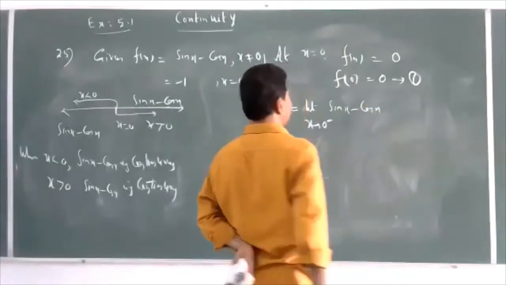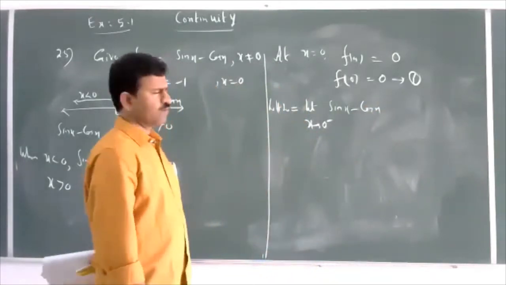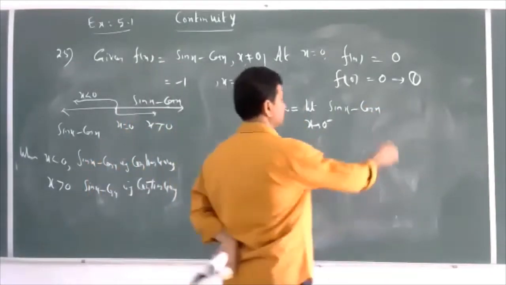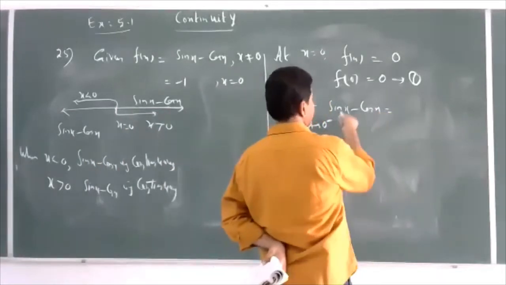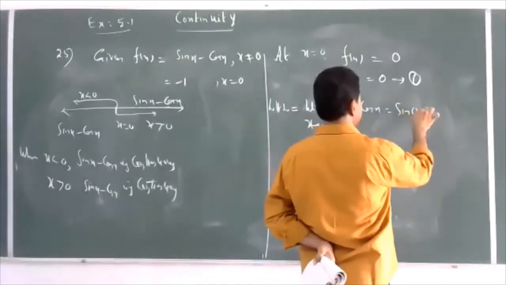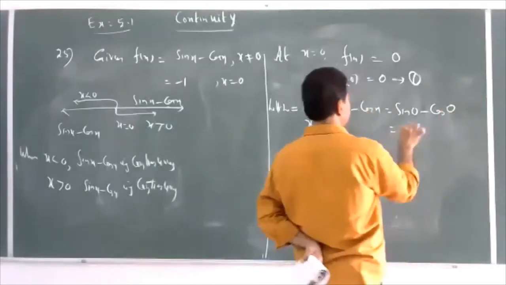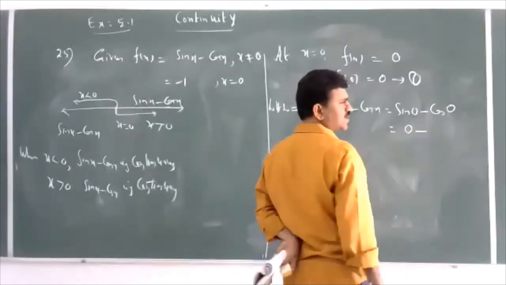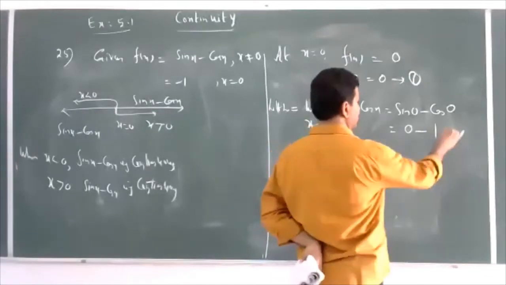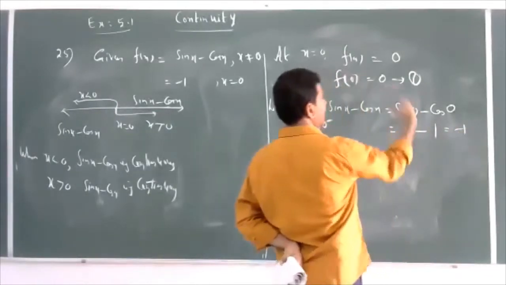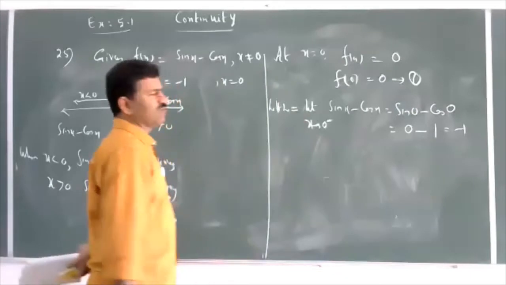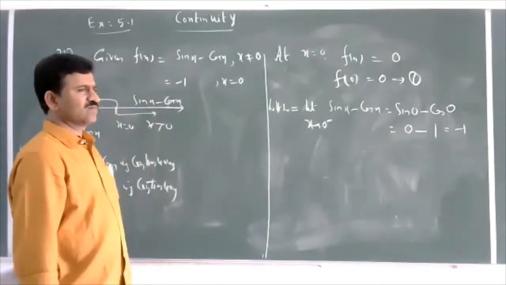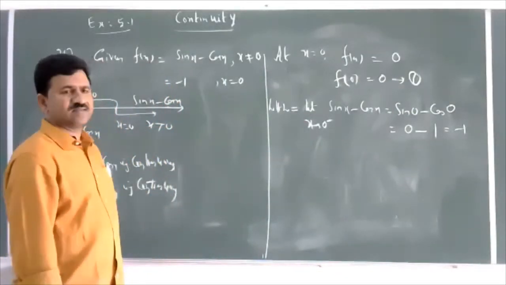Applying 0, sin 0 minus cos 0. Sin 0 value how much? 0. Minus cos 0 value how much? 1. Answer is minus 1. Function value is not equal to left limit. It is discontinuous at x is equal to 0.